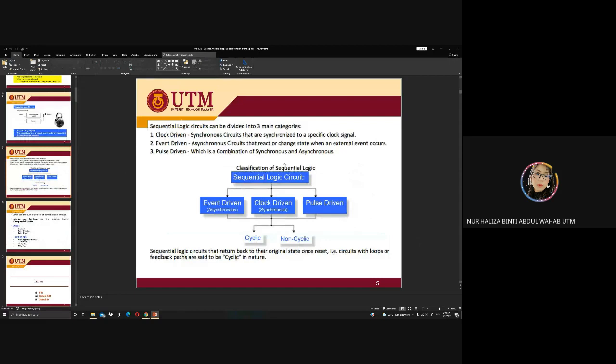Next, in terms of your sequential circuit, how many categories can you divide it into? You can see the detail on the top here.